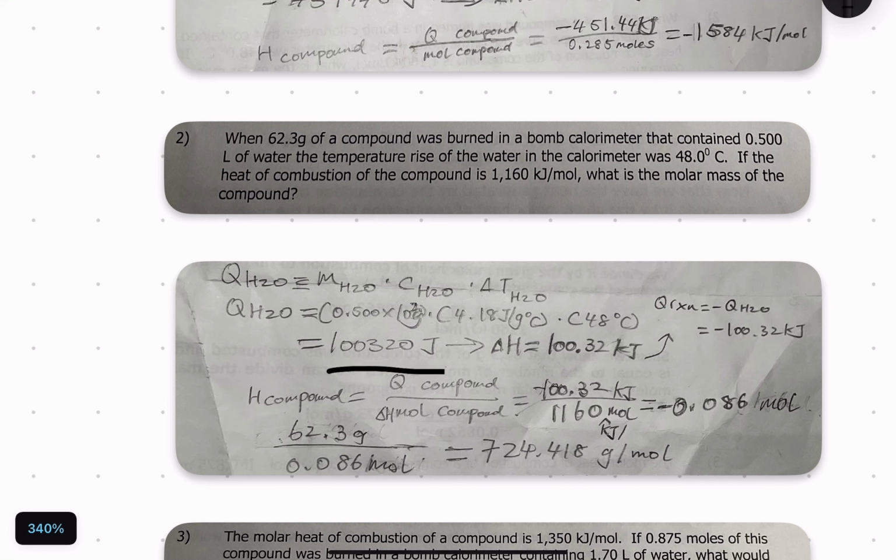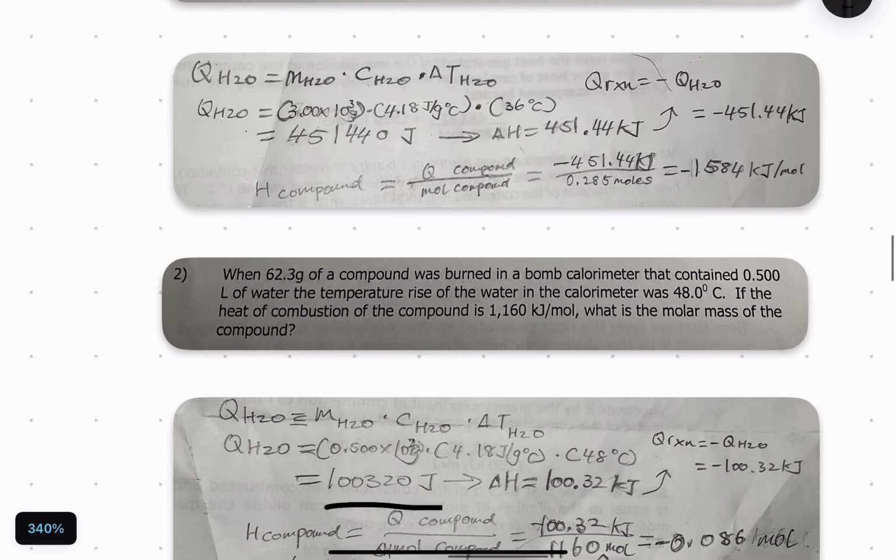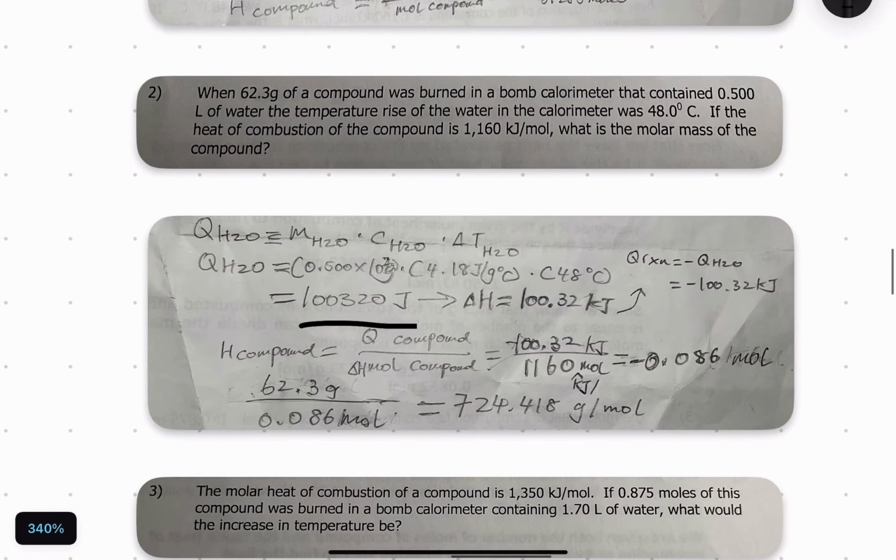The first two steps are basically the same as question 1, so we just copy down the same formula and steps. After we figure out the joules, we convert to kilojoules, which gets 100.32 kilojoules. After this step, Q reaction equals negative Q H2O, which gets us negative 100.32 kilojoules.